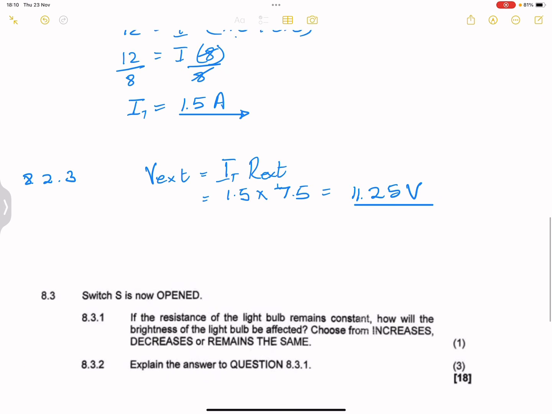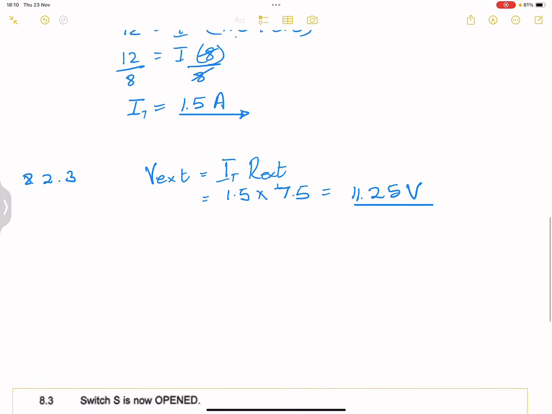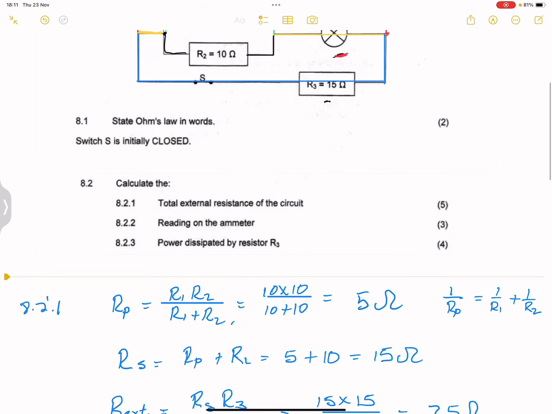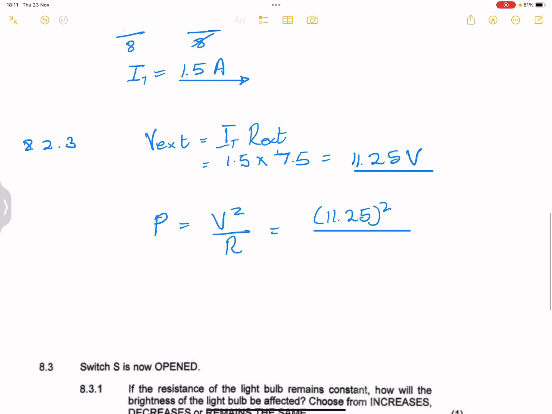So in this case, to find power, it would be V multiplied by, not the current, rather, it would be V squared over R. And so that would be 11.25 squared divided by the resistance. Now remember, our resistance is 15 there.